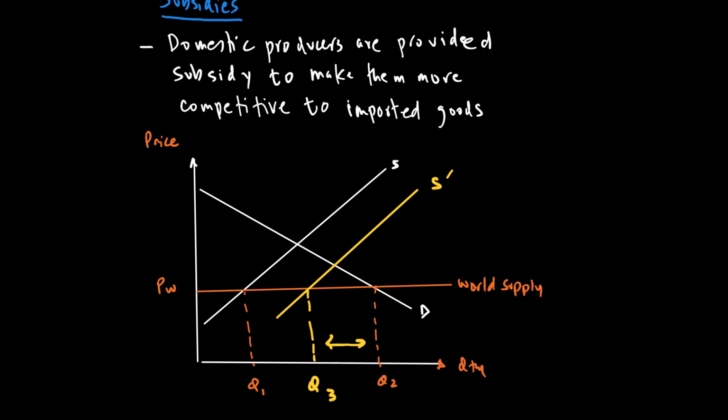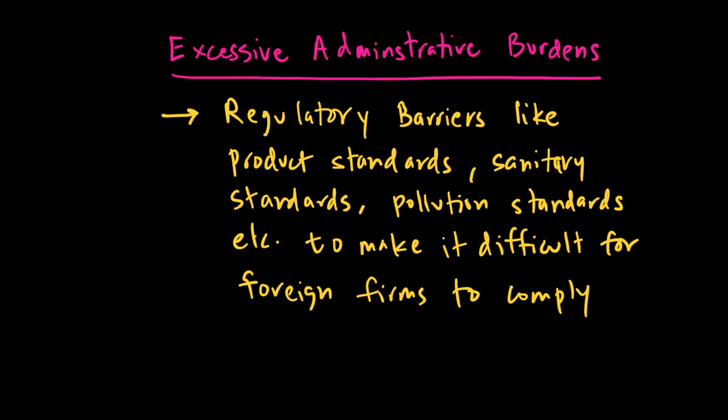The next one we want to talk about is excessive administrative burdens. These are regulatory barriers sometimes put in place by countries, which make it difficult for importers to actually sell in the market. These barriers include difficult product standards and requirements. Sometimes there are sanitary requirements or standards, sometimes there are pollution standards.